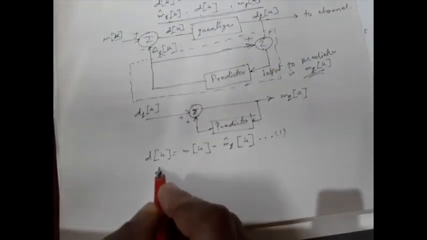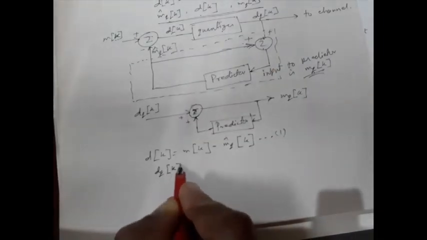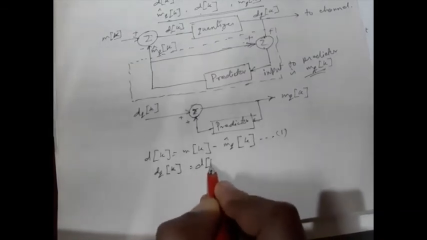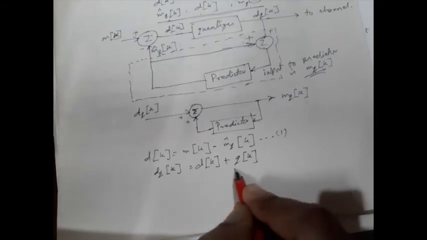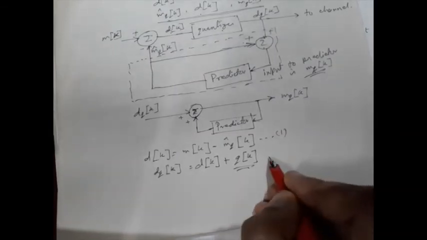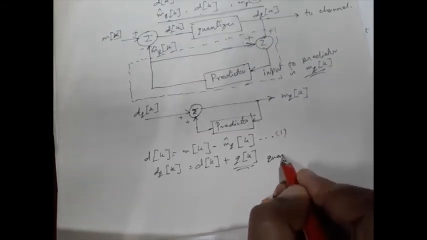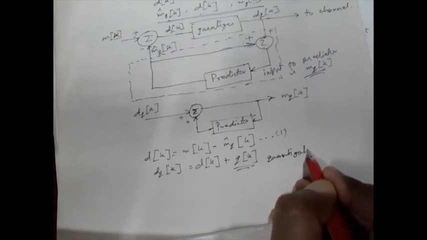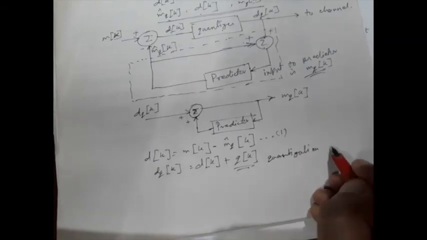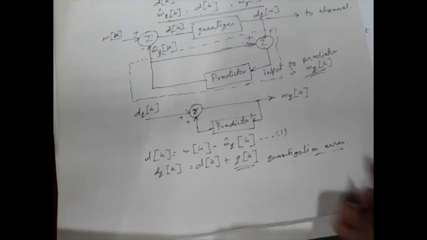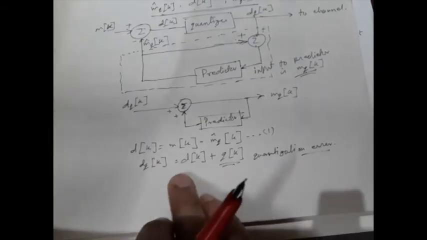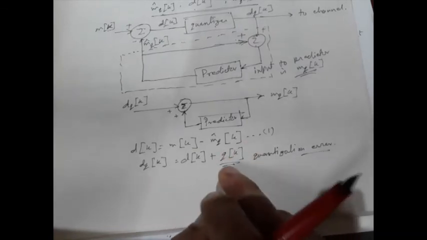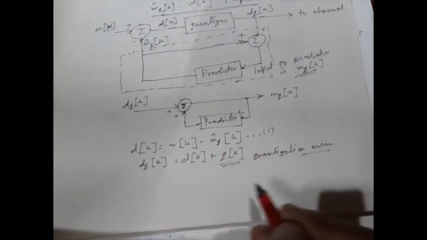Now this one is quantized, so DQK equal to DK plus QK, where this QK is the quantization noise or error. That means whenever we quantize the sample, it will contain some quantization error.